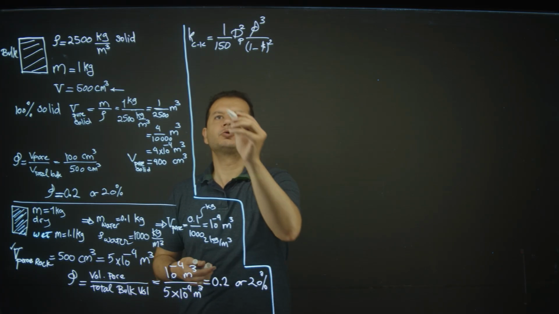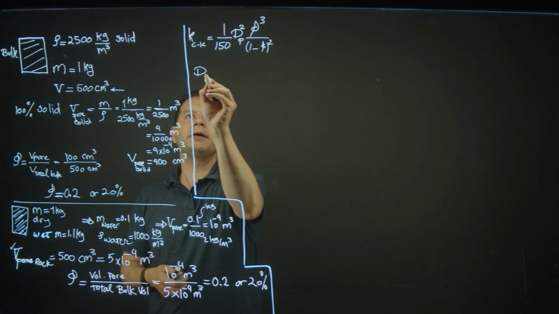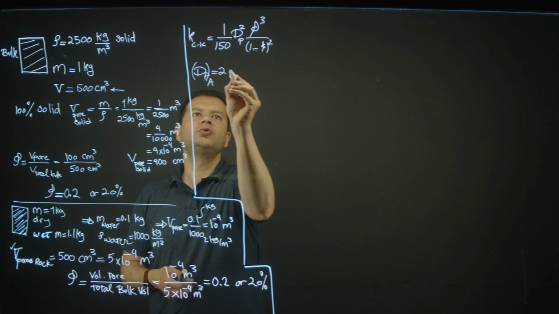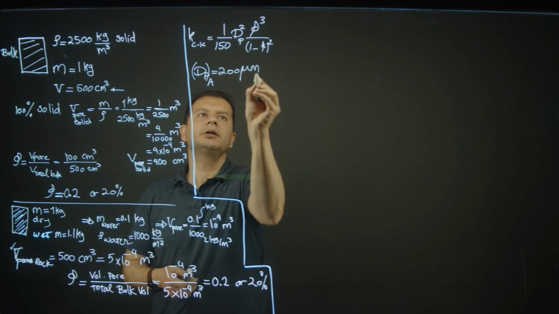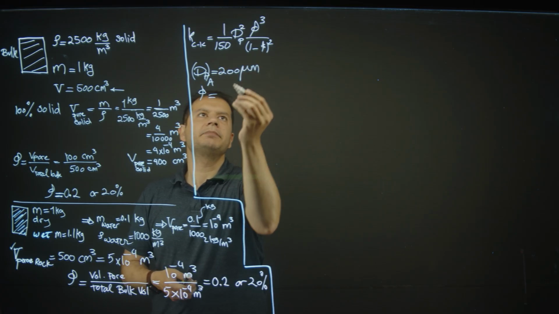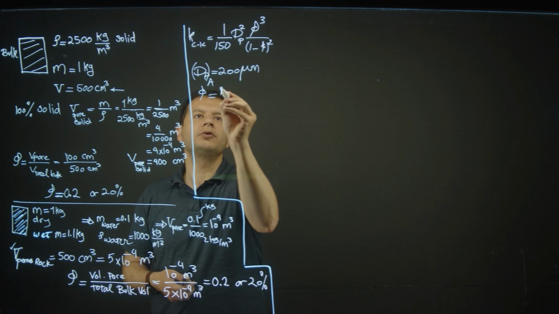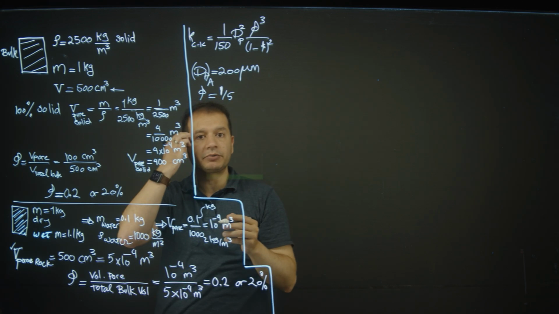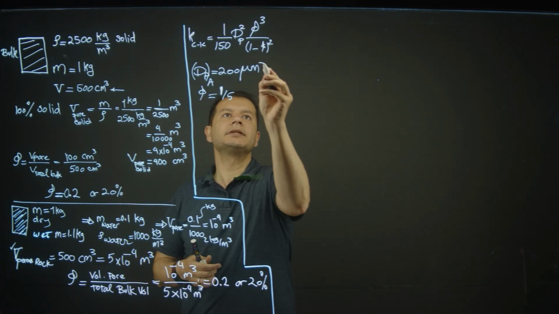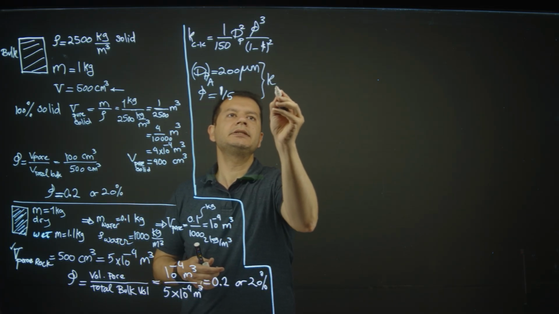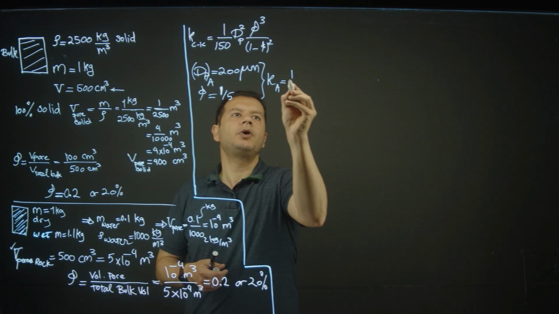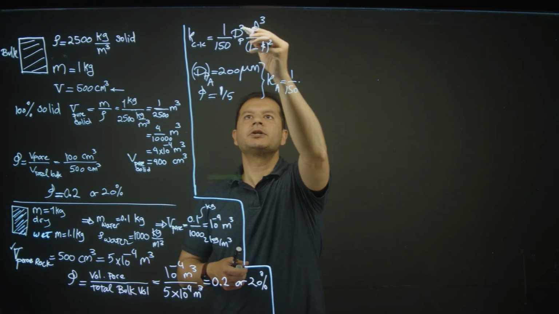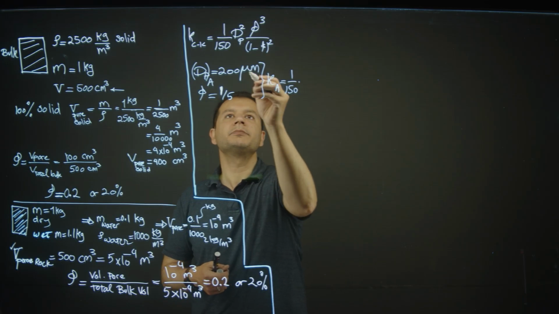If I'm given the grain size diameter, for example, for a porous material like A is 200 micrometer, and its porosity, for example, to be 1/5, which is the same as the sample we practiced before, I can find an estimation of the permeability of sample A to be 1/150 times grain size diameter to the power 2, 200 micrometer.